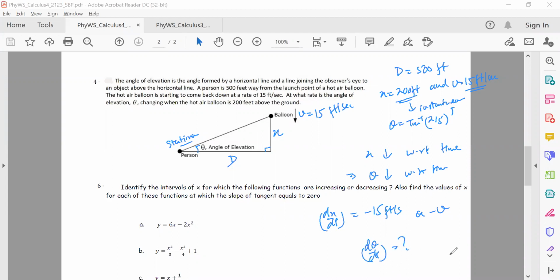To find d theta by dt, we first need to find the relationship of theta and x. Need to find this relation and then use the chain rule in that.